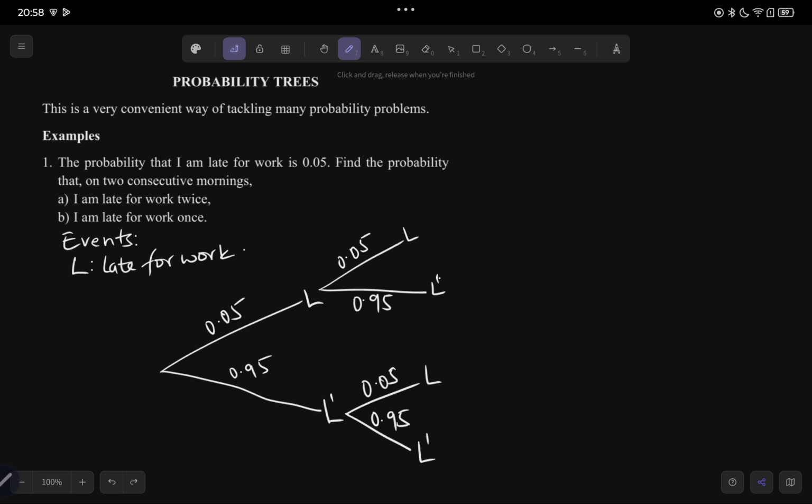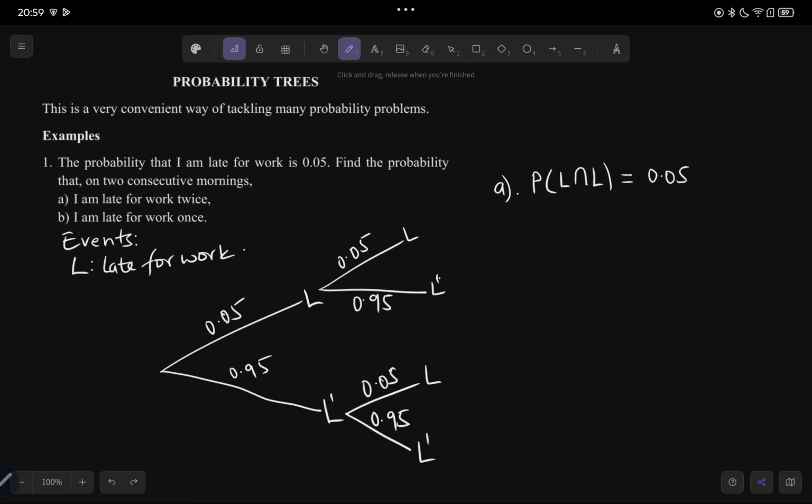Now, I'm late for work twice. It means you are late for work on the first instance and you're late for work again on the second instance, or on the second morning. So the first morning is 0.05.